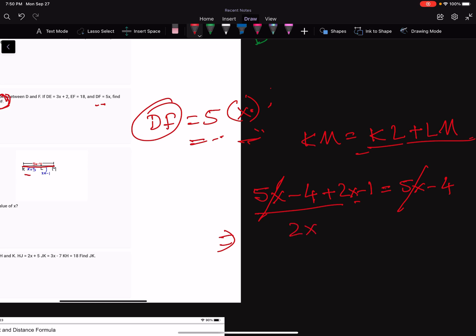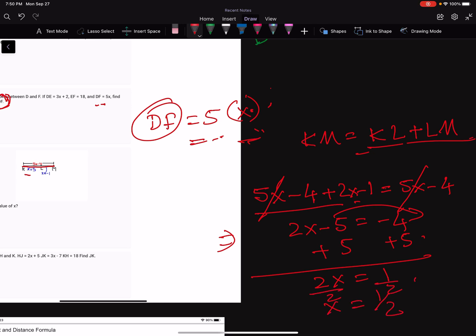So 2x minus 5 equals minus 4. Add 5 to both sides, so 2x equals 1. Divide by 2, so x is one half.